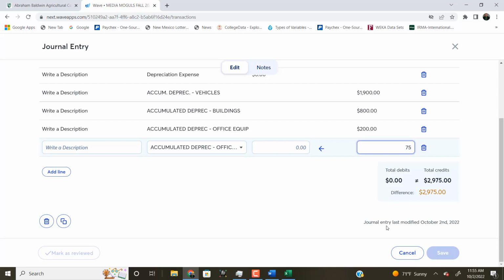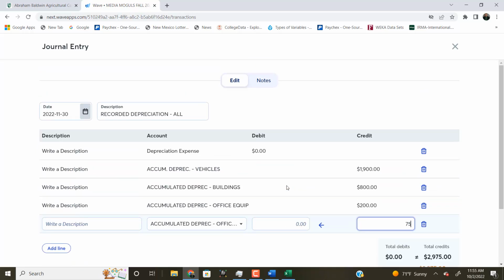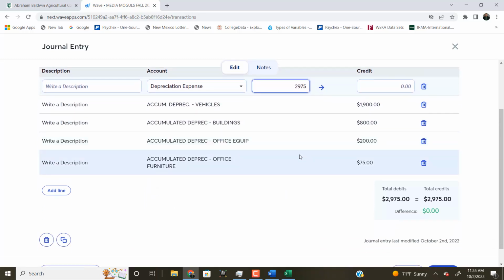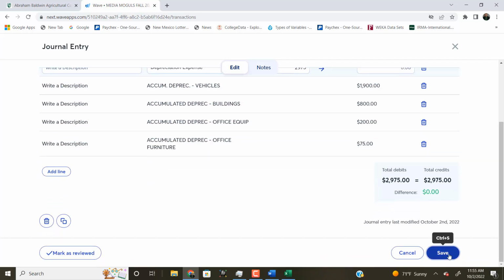And your monthly depreciation, unless something changes, is going to be the same every month. You can do depreciation expense for each one of them, and a lot of people would do that. I don't care how you do it, whether as one entry or four entries. Either one is fine. Save.